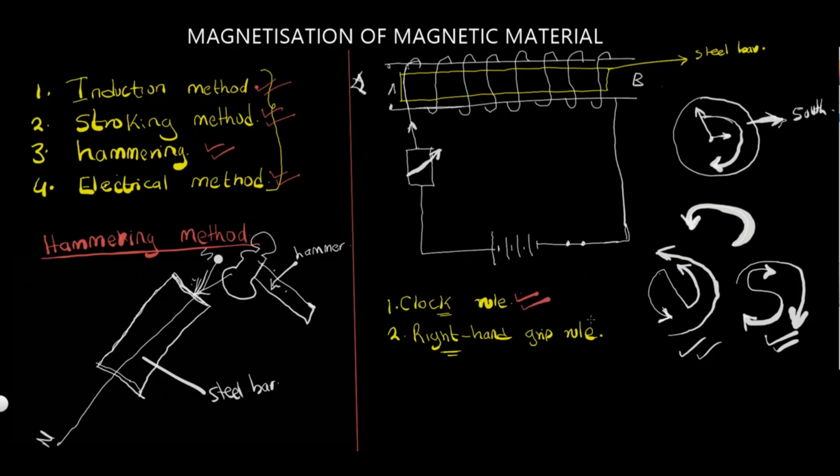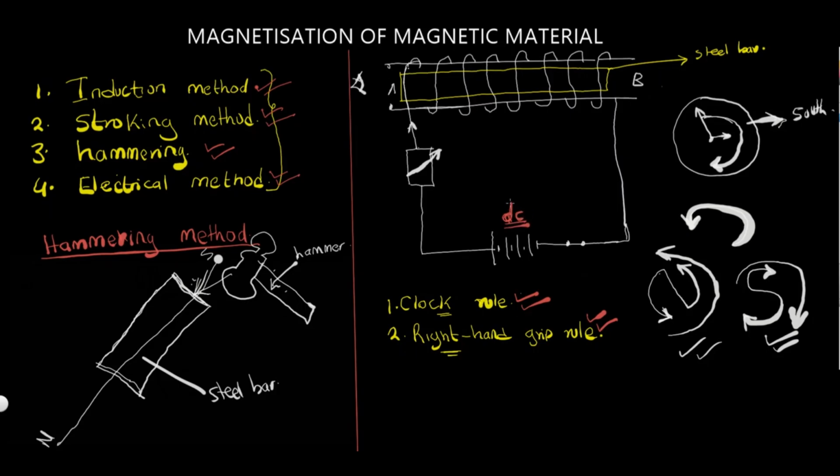Now let us look at the right hand grip rule. How can you identify the polarity of this bar magnet using the electrical method in the right hand grip rule? Something that I forgot is that, remember, whenever you are trying to magnetize a magnetic material by the electrical method, you're supposed to use a direct current, not AC.